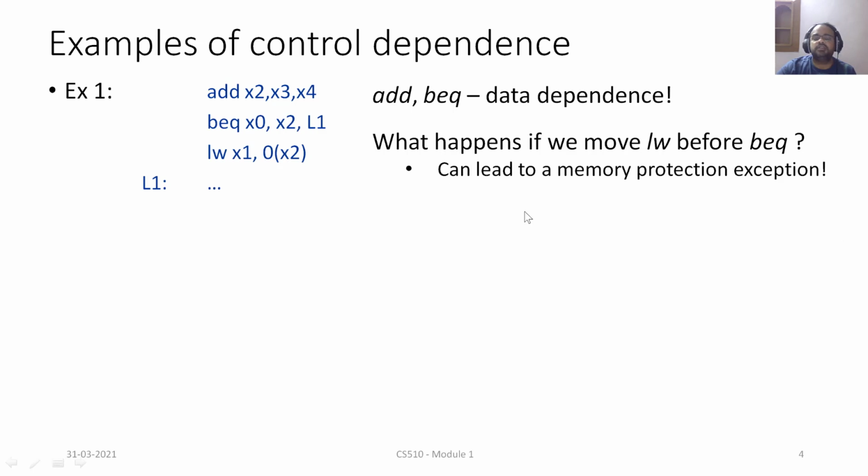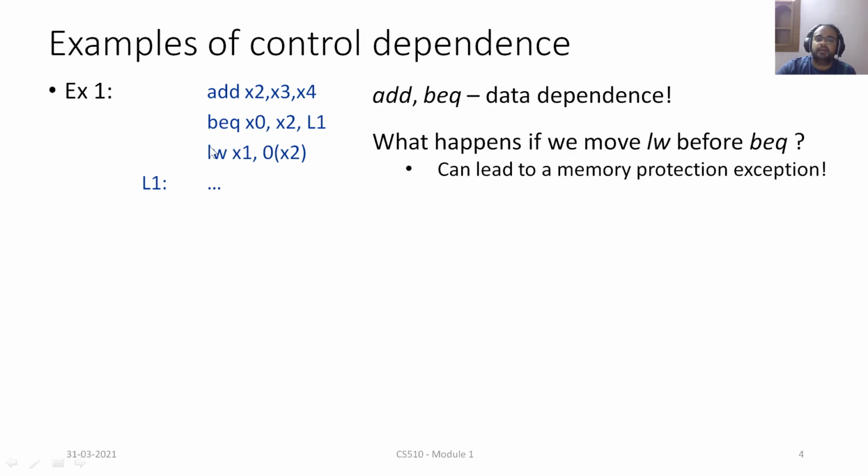Now here, the possible new exception is the memory protection exception. Let's try to understand this instruction, BEQ x0, x2, L1. What we are saying here is if x2 is equal to x0, meaning 0, then jump to L1, otherwise load from the location x2.